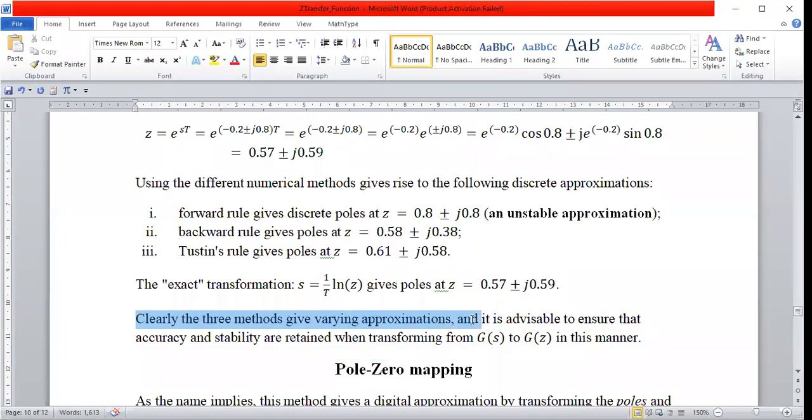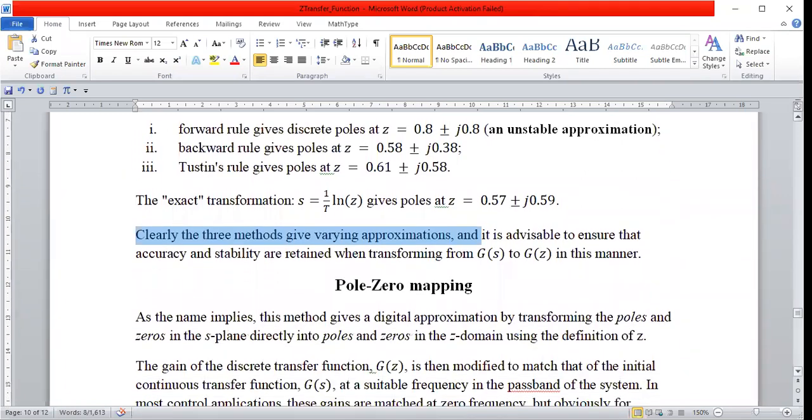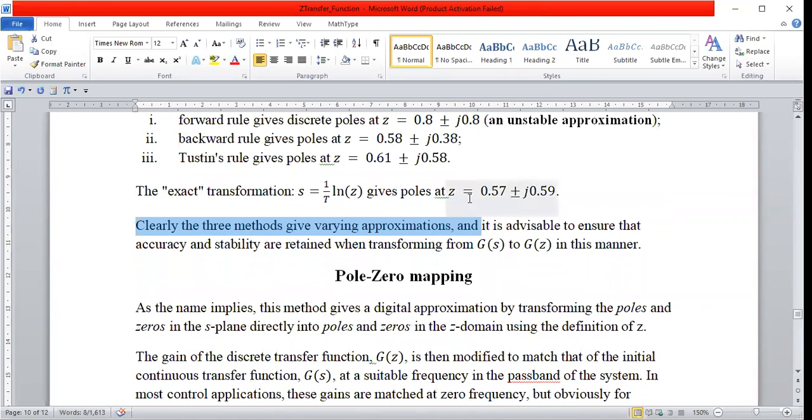We are going to find out later why they are giving different approximations. That's not the subject of this class. The subject of this class is just to know how to convert from the S domain into the Z domain.